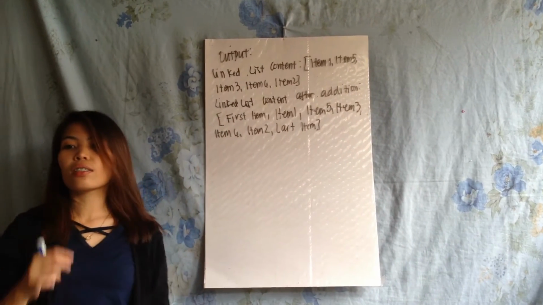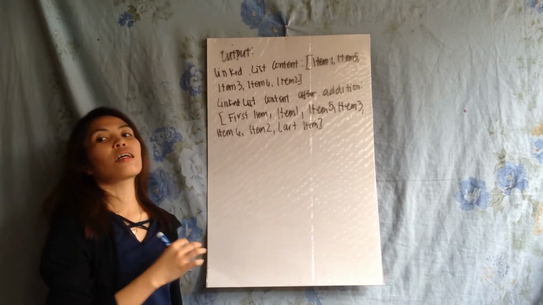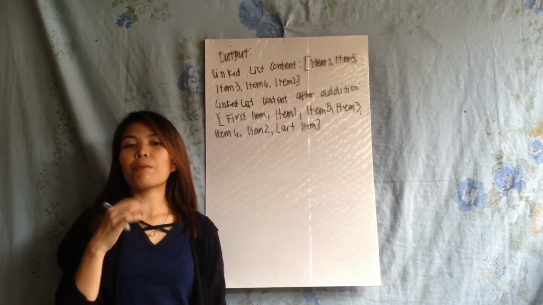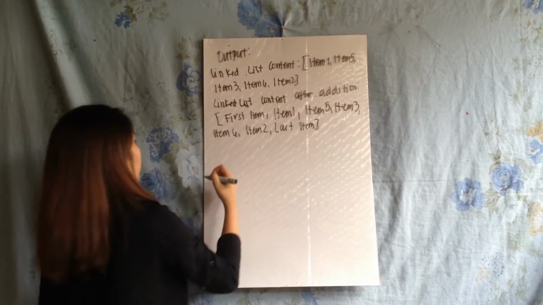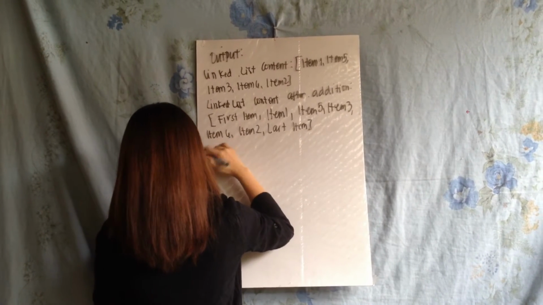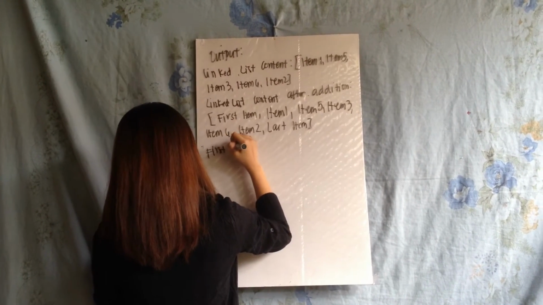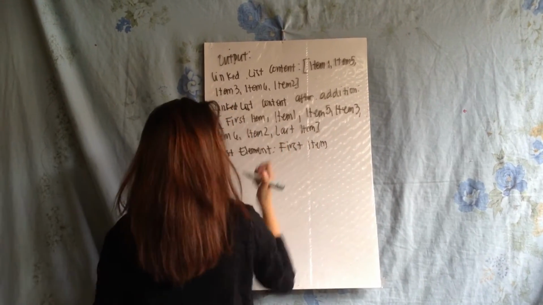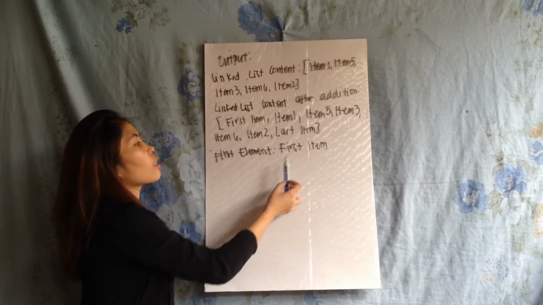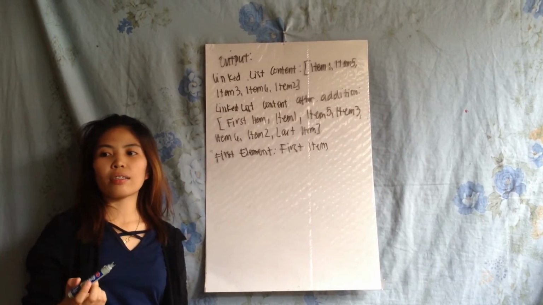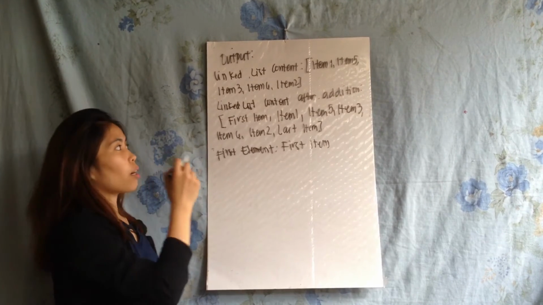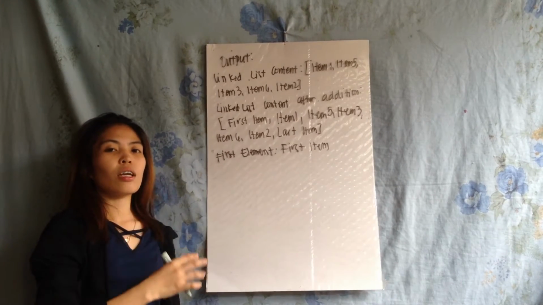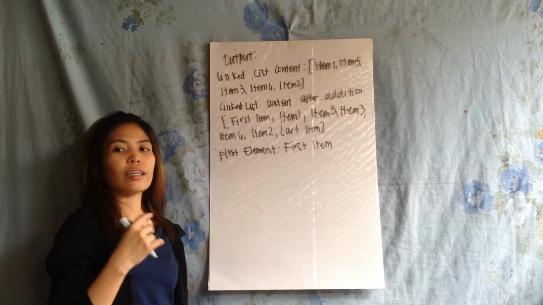Tapos dun sa pangatlong System.out.println naman na ginawa natin kanina, yung sa pag-get ng value, ito yung output. Kung mapapansin nyo, first item yung nakalagay dito kasi ayun yung ginamit natin kanina para makapag-get tayo ng value dun sa element na ginamit natin, which is ginamit natin yung get at index 0.